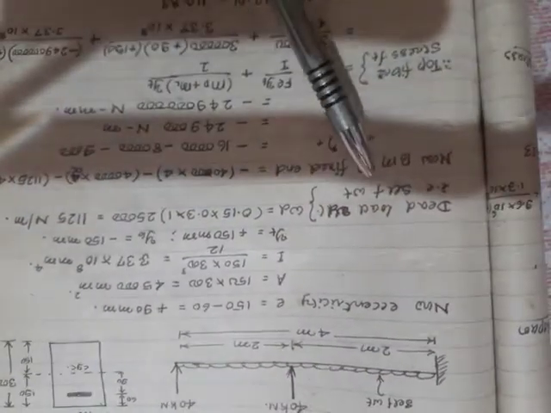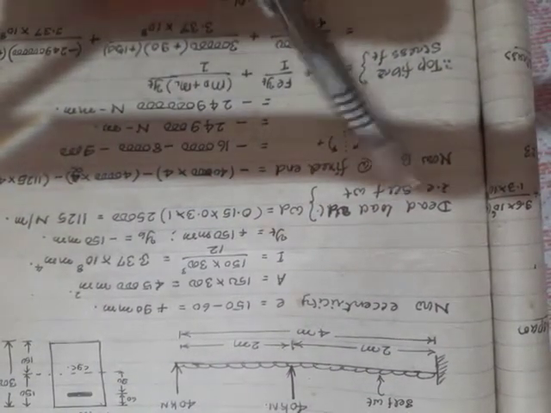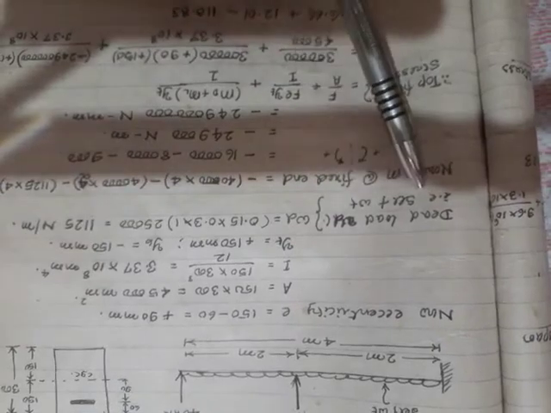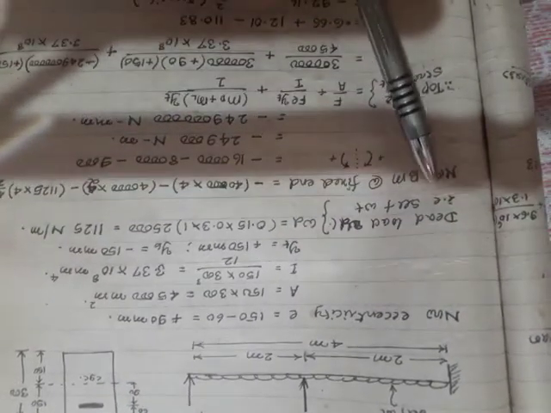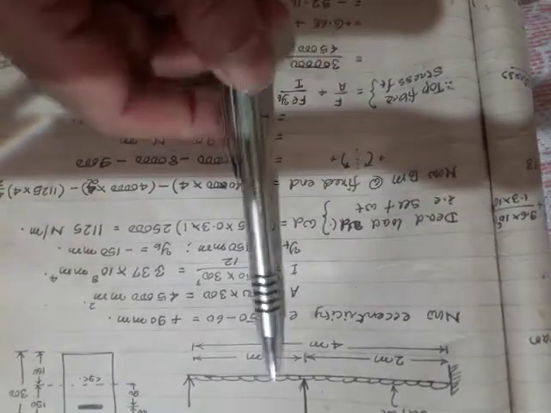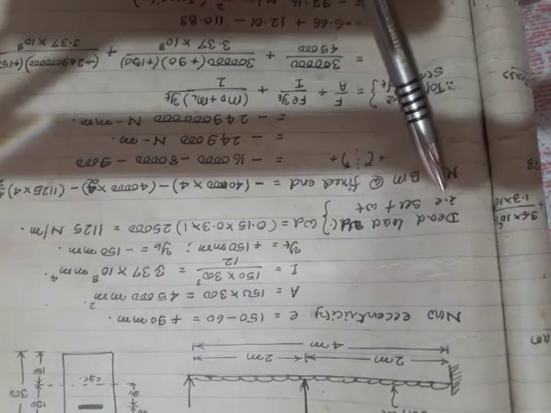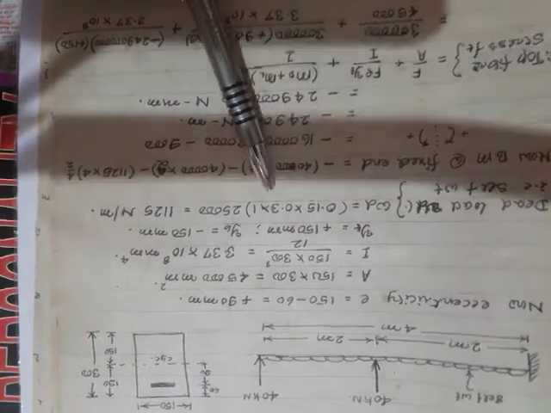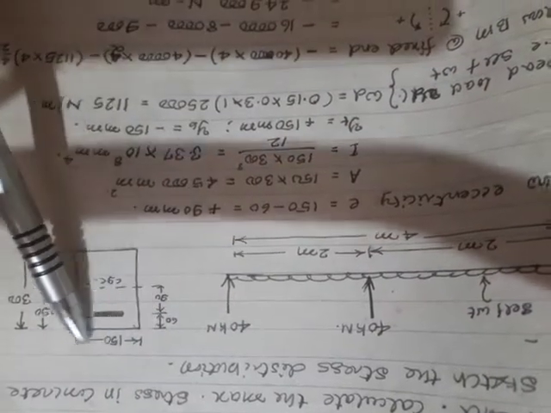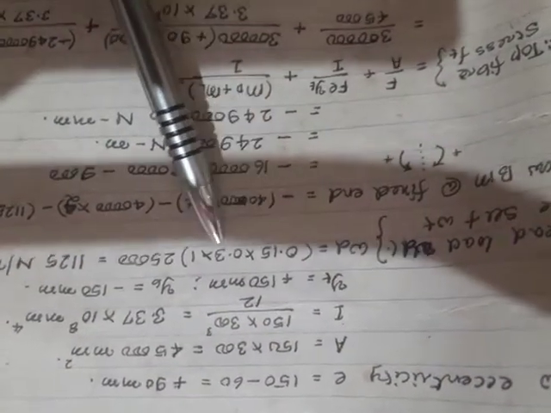So now we will try to calculate another important thing: dead load UDL. In a sense, we will try to calculate the dead load of this beam, which is acting as a UDL, or the self weight. It can be easily calculated. Its cross-sectional area is 0.15 into 0.3, into 1 meter along the span.